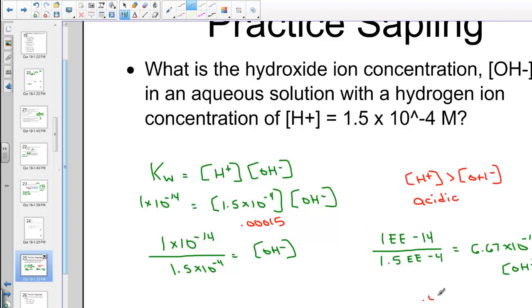And this is this number, 1, 2, 3, 4, 5, 6, 7, 8, 9, 10 decimals, and then the 6, 6, 7 repeating. This is a much smaller number, that's a 0, not a 6, compared to this. So when acid ion is in greater amounts, we have an acidic solution.